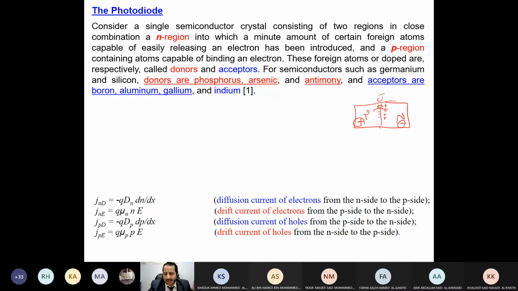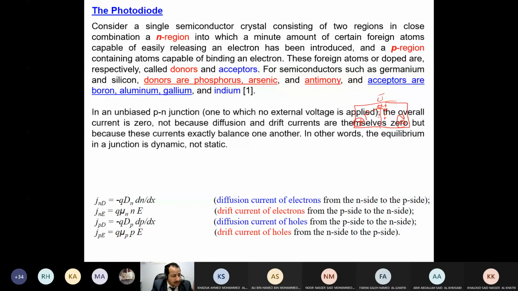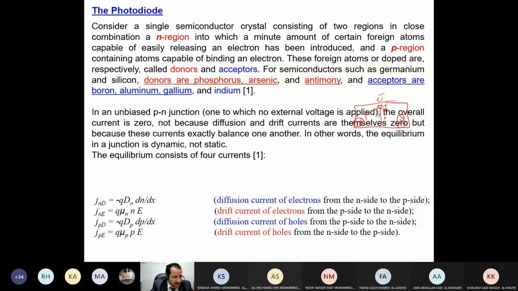And there is also the diffusion of electrons from the N side to the P side. These 4 currents, drift and diffusion, are represented by 4 formulas, as you can see here: diffusion current of electrons from N to P represented by this formula, and drift current from P to N by this. The same thing could be said for hole currents, drift and diffusion, from P to N and N to P.